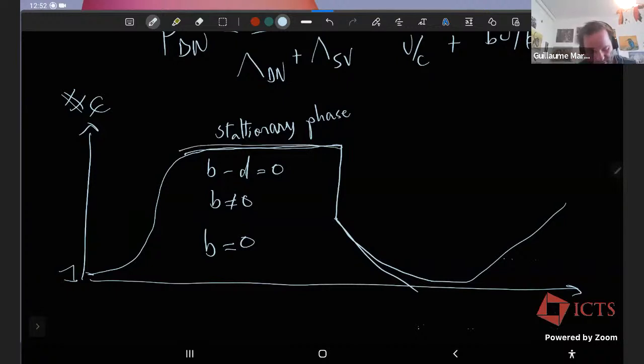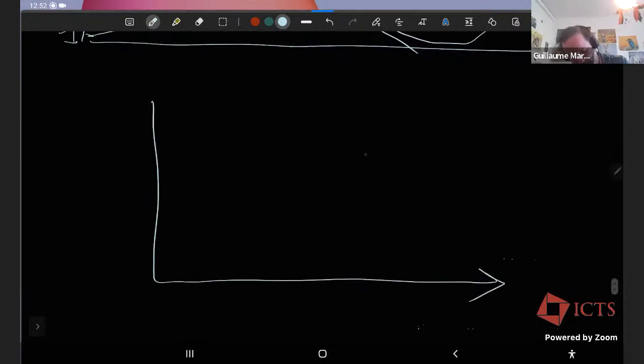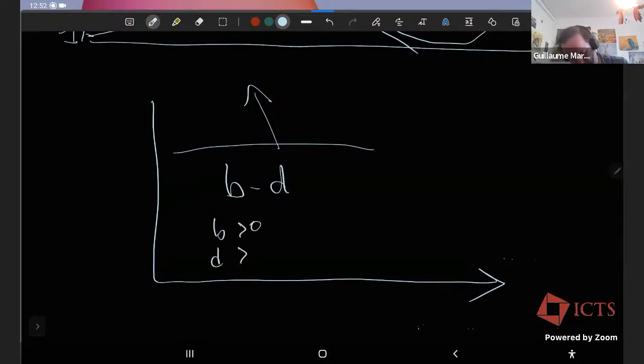Now, in the natural environment, you could consider that there is something that takes out the individuals regularly, like in a chemostat, that kills them from an external reason, and that they are reborn. So then you would have B minus D, and B is positive, D is positive. So some external factor kills them and compensates exactly their birth events.